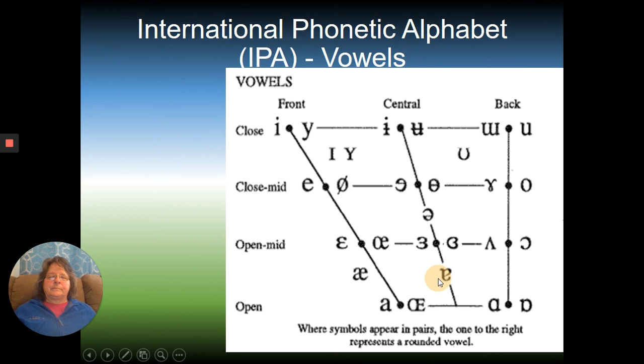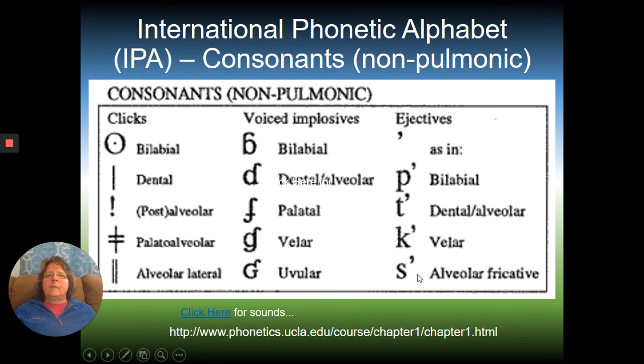And you have the non-pulmonic consonants, which include clicks. Some languages actually include those clicks as letters or sounds that have meaning in their words, down in South Africa particularly. Voiced implosives, like buh.